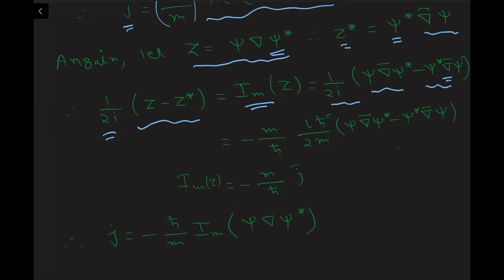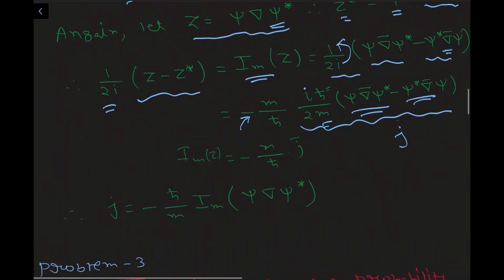Again, we multiply and divide by h cut by m, and we also move this i from the denominator to the top, so a minus sign will show up. So this term, i h cut by 2m, psi del psi star minus psi star del psi, is nothing but j. So we can easily write that j is minus h cut by m, imaginary part of psi del psi star. Thus we have proved the second expression also.